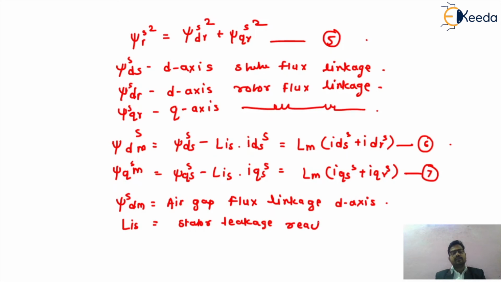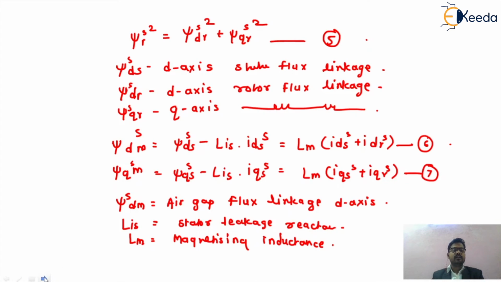As we know, Lm is called the magnetizing inductance. So Lls is the stator leakage reactance, and Lm is the magnetizing inductance.